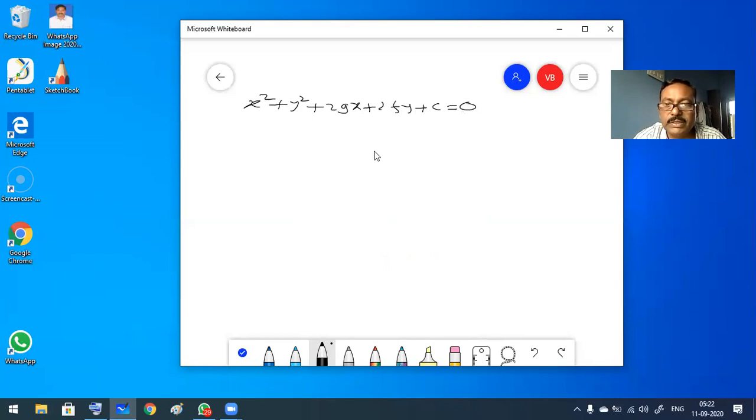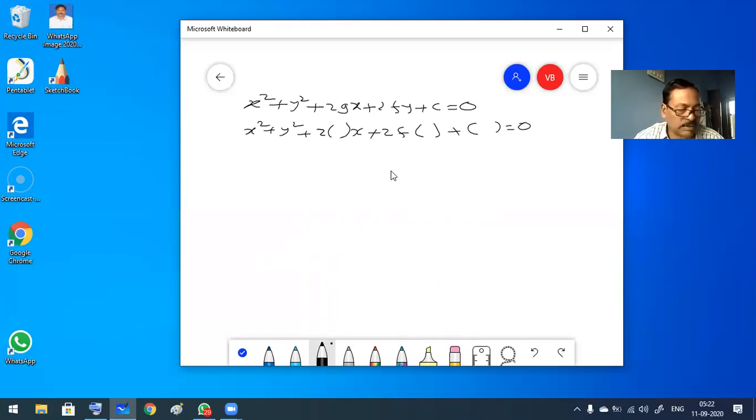This is equation 1. So substituting the g, f, c values in the equation.